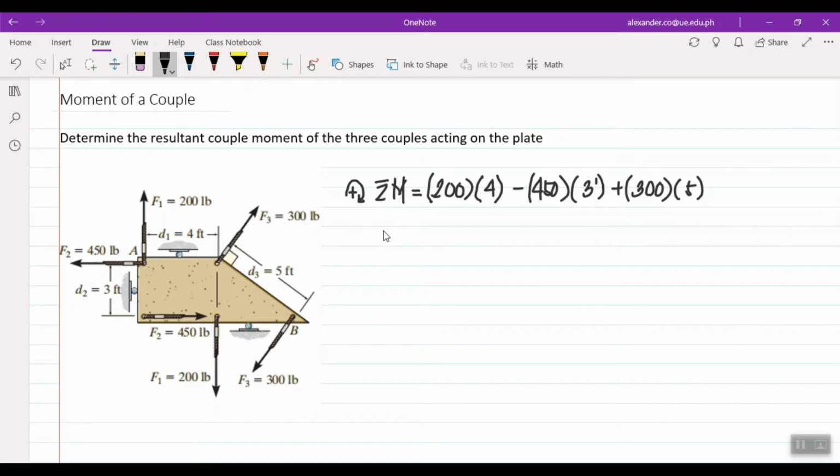So the summation of moment, or let's call that the resultant, is equal to 950.